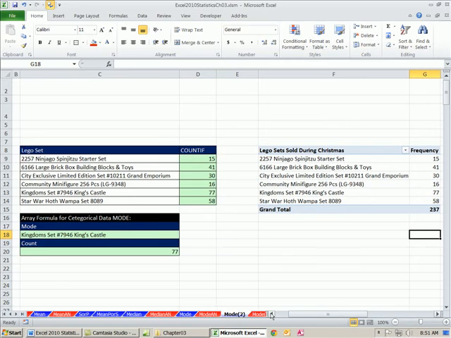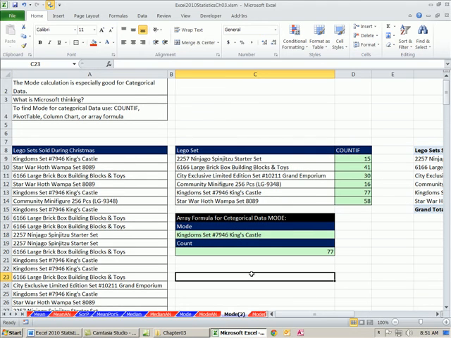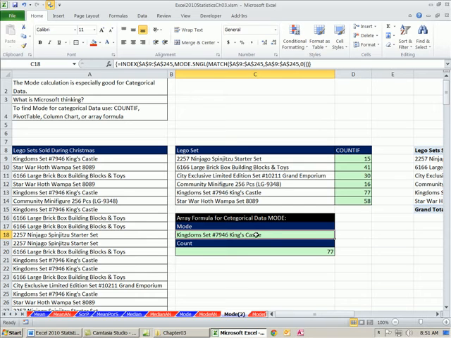Now, here's another interesting way to do this. This is way beyond the scope of our class. There's a great book called Statistical Analysis, Microsoft Excel 2010 by Conrad Karlberg. And this formula right here, actually, I'll show you in just a moment, but it'll actually tell you which one occurs most frequently.